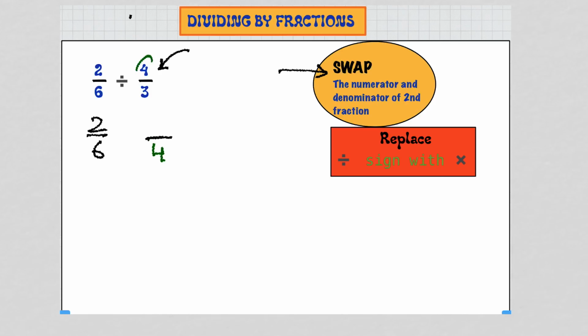So this 4 as denominator, and then you write 3 as numerator. Of the second fraction always, please. Second fraction. And then you replace this division sign with multiplication sign. Then after that, it becomes just like multiplying two fractions.